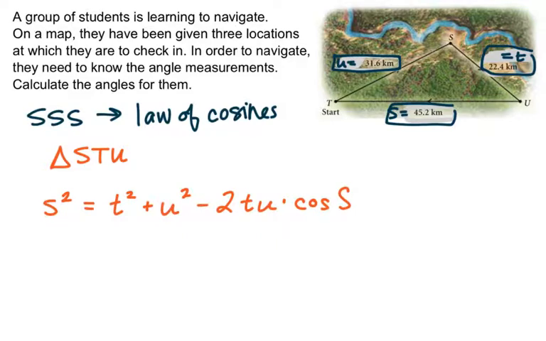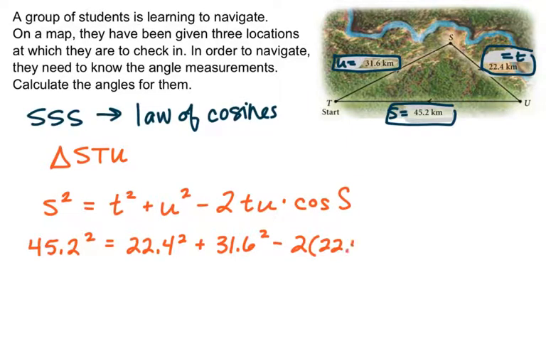So side S, we have 45.2 squared, T, 22.4 squared, U, 31.6 squared, minus 2 times 22.4 times 31.6 times the cosine of angle S, which we do not know.